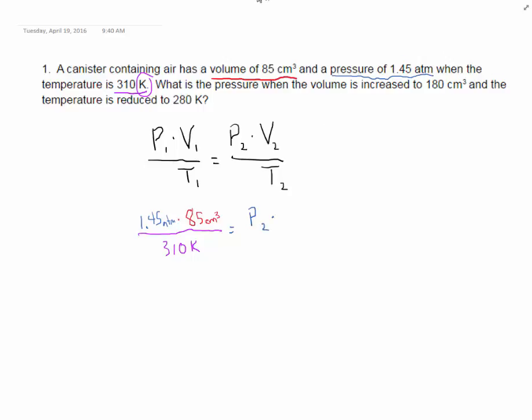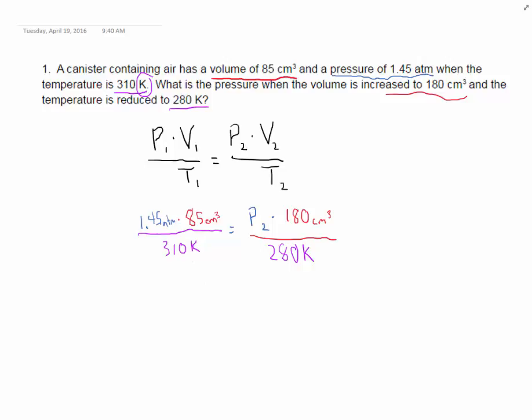The volume is increased to 180 cubic centimeters, so that is our new volume. And they changed the temperature to 280 Kelvin. Alright, now I've got all my values in.